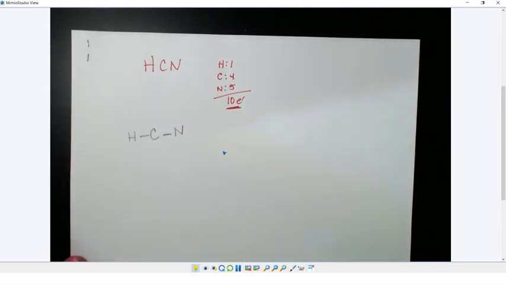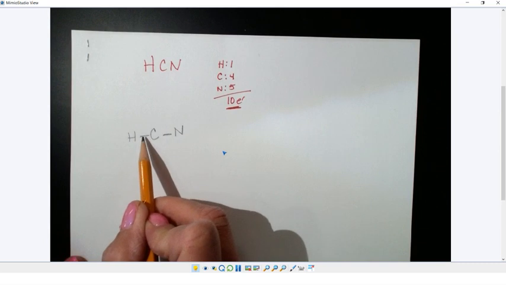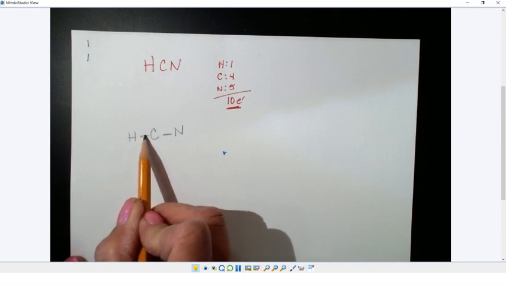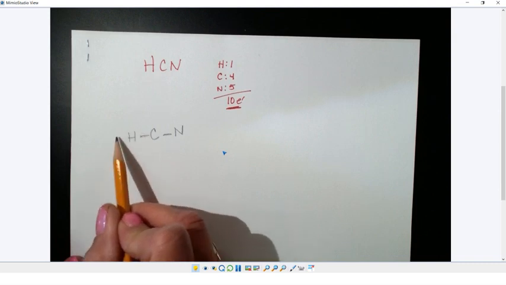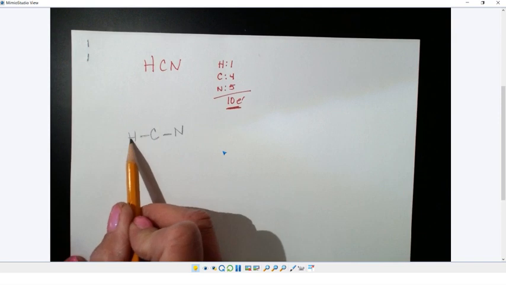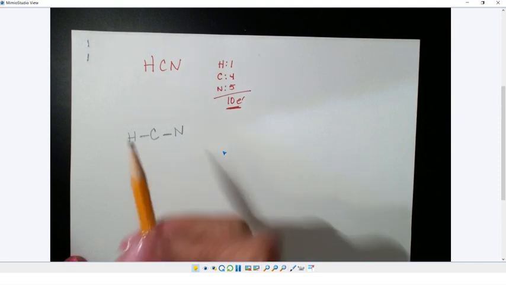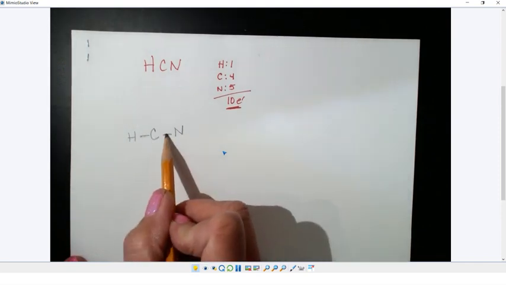So each line represents 2 electrons, which is shared between each atom. So this line is 2 electrons. Those 2 electrons go to the hydrogen and go to the carbon. So right now, hydrogen has 2 electrons. So he's met a duet, he's happy. We never put dots on hydrogen. Right now, carbon has 2 4.